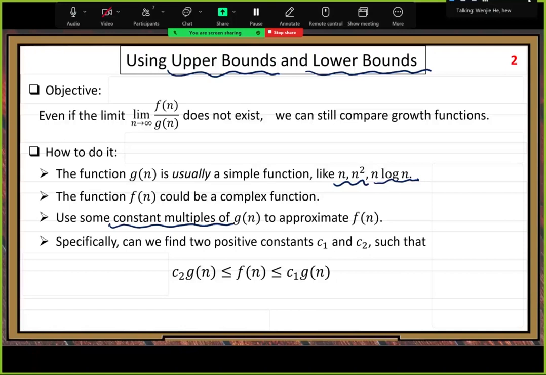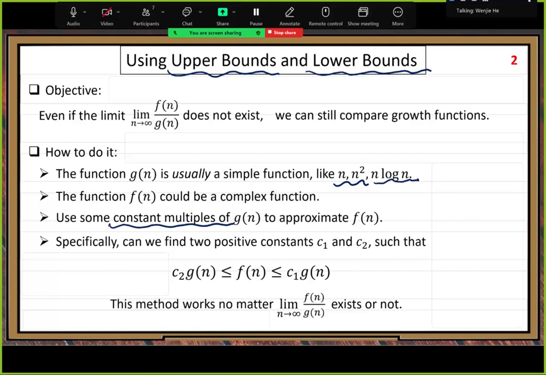If we can find positive C1 and C2 and get this inequality between f and g, then our conclusion is these two functions have the same order of growth. Here, you do not see the limit, but our conclusion is still that these two functions have the same order of growth.